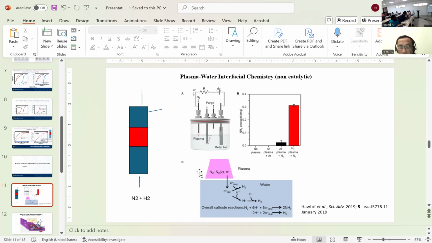The bottom graph is really the enlarged or cut out. You see this plasma water surface. It's just a little bit of water. Then they apply the voltage and generate plasma.